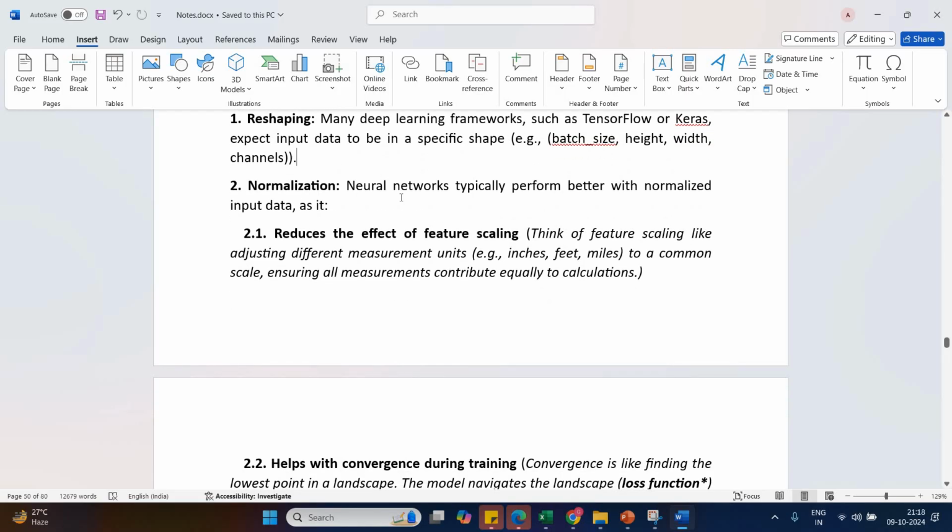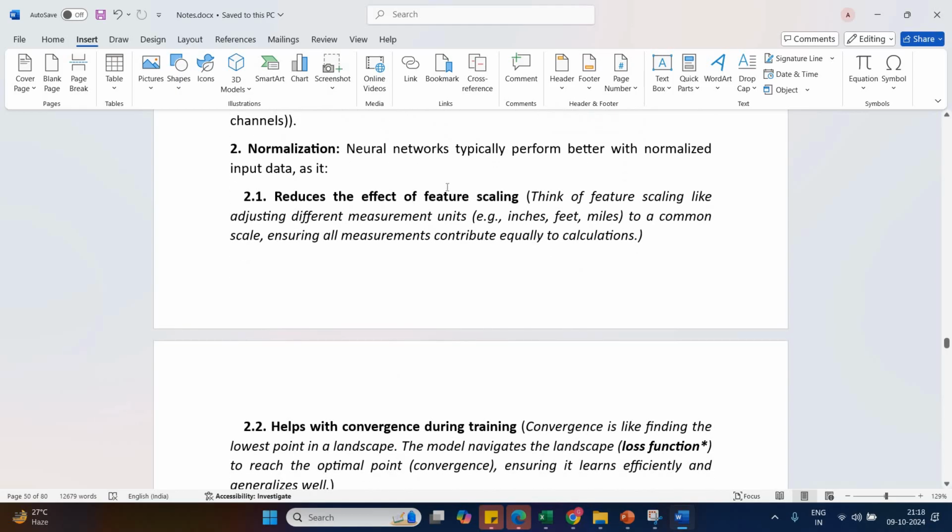We have recently discussed the concept of normalization just before the reshaping. Okay. Neural networks typically perform better with normalized input data, right? It is very much obvious why it will perform better with the normalized data. Suppose you yourself get some data, and based on that data you have to provide some kind of analysis, right? You have to predict something for the future.